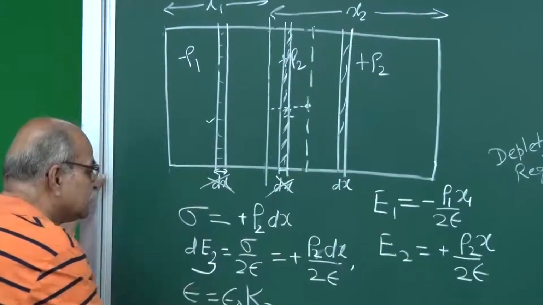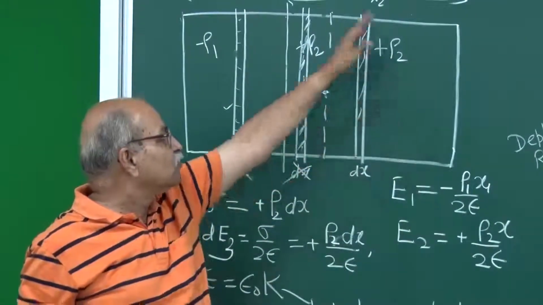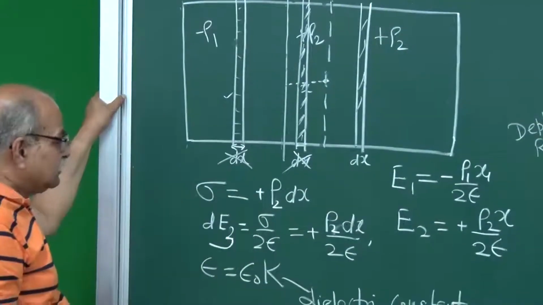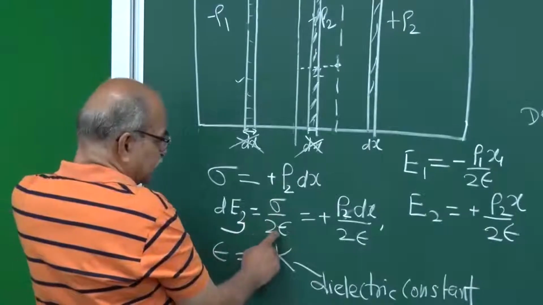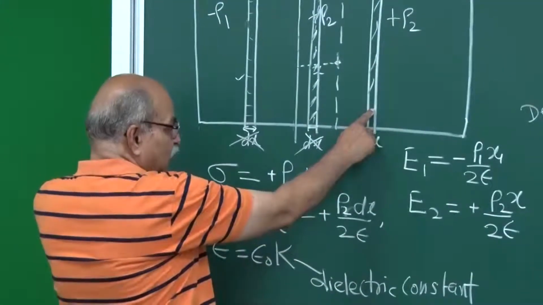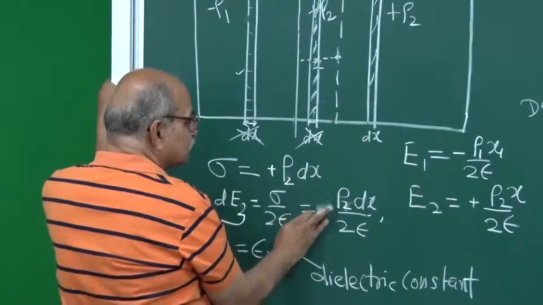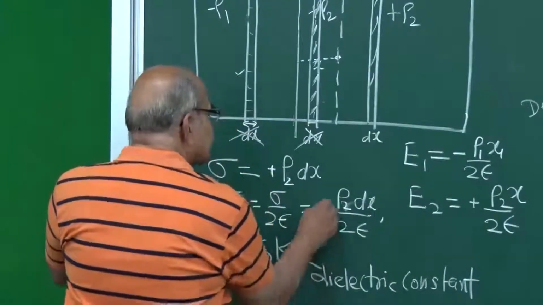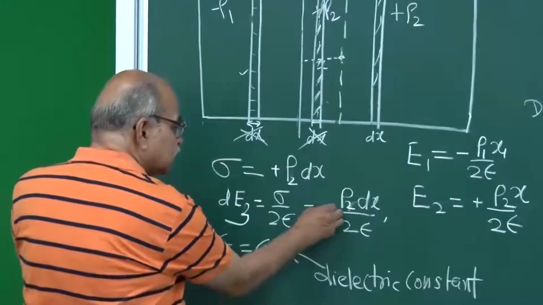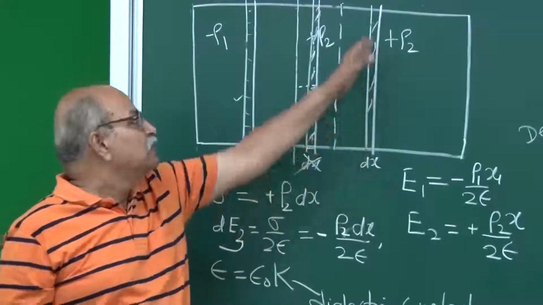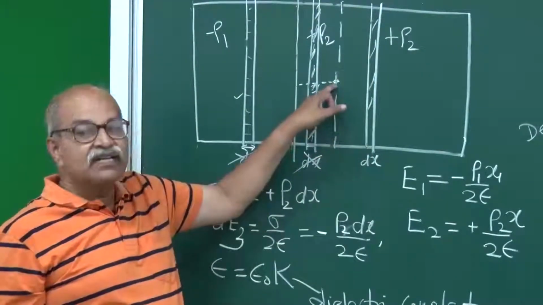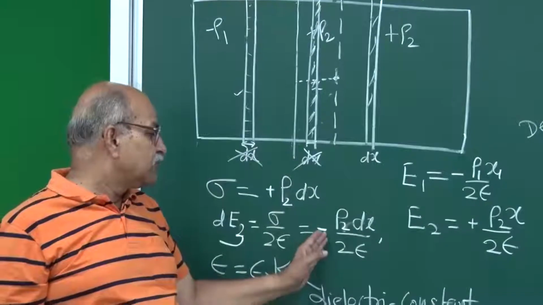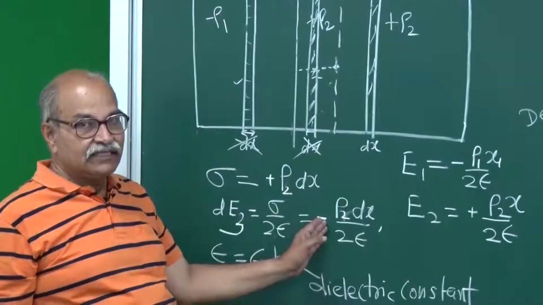The sigma remains the same because this is plus rho 2, so rho 2 times dx. dE3 is rho 2 dx over 2 epsilon, but now it will be in the negative direction, right? Because you have positive charges here, and you want the electric field here, the electric field will be towards the left. So we put a minus sign here. So that will be dE3.